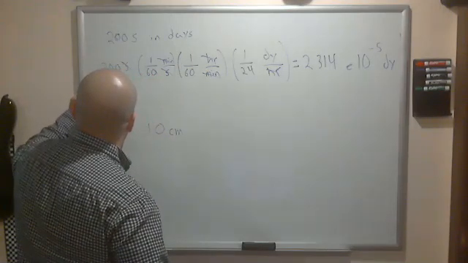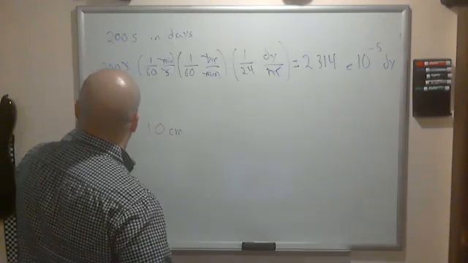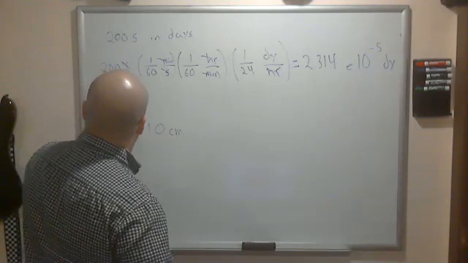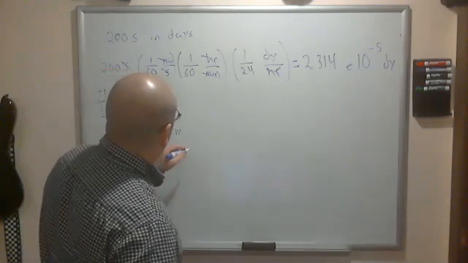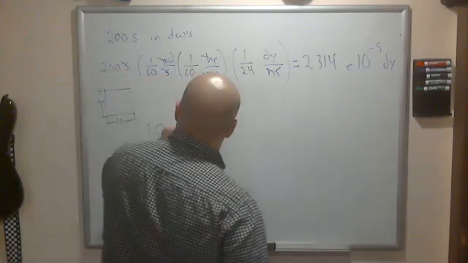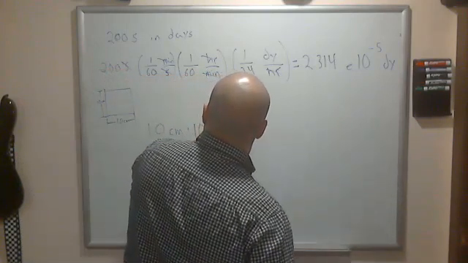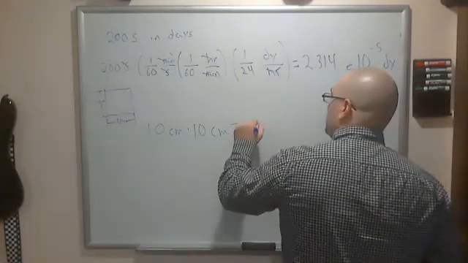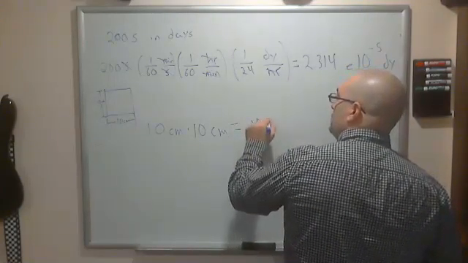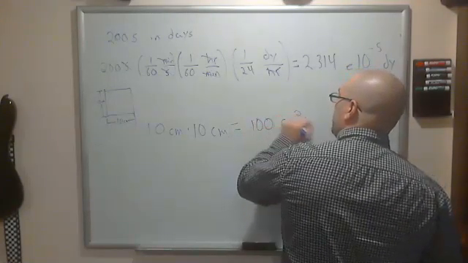This is 10 centimeters, and this is 10 centimeters, right? The area of this is 10 times 10 centimeters, so this is 100 centimeters squared.